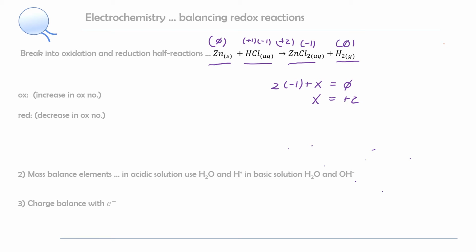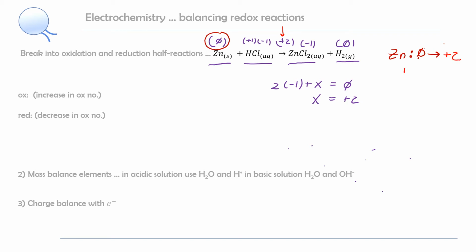Okay, so is this a redox process? Well, let's look at each element. Starting with the zinc. Zinc goes from an oxidation number of 0 to an oxidation number of +2.